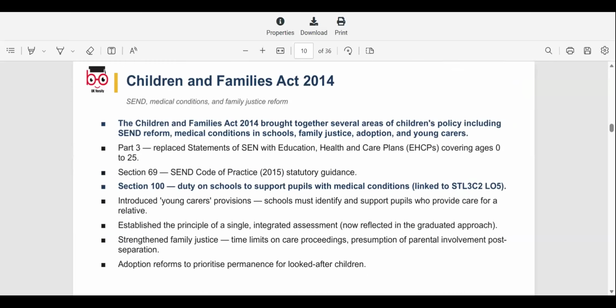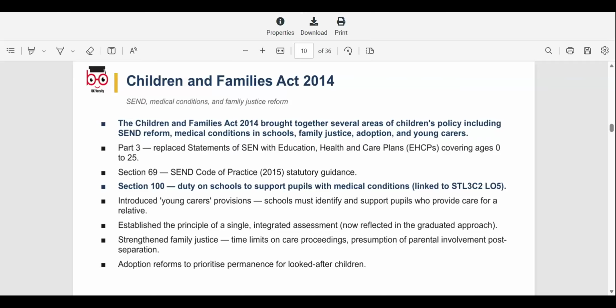Then we have the Children and Families Act, which is actually 2014. It's a newer piece of legislation that reformed services for vulnerable children, including SEND, because before it wasn't much included in the acts. They included SEND and work-life balance, and introduced education, health and care plans, and sped up things like adoption processes.